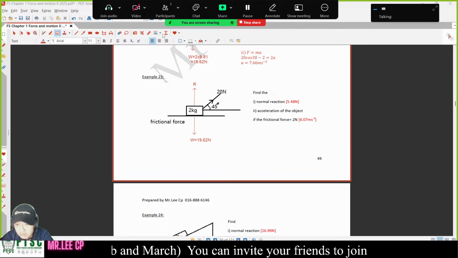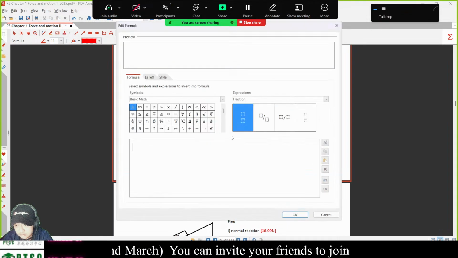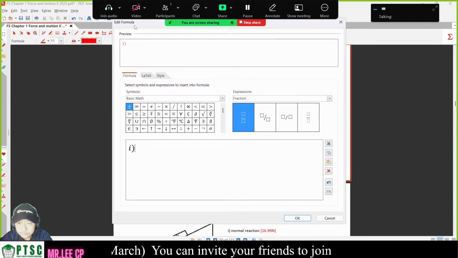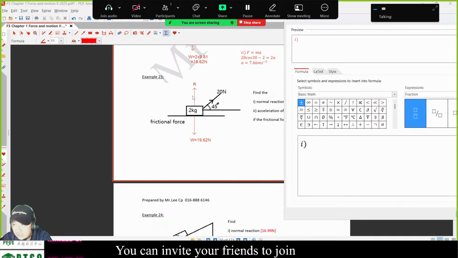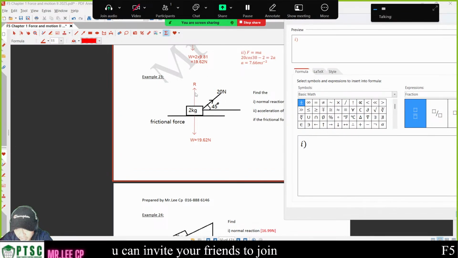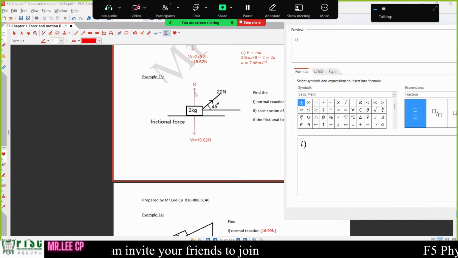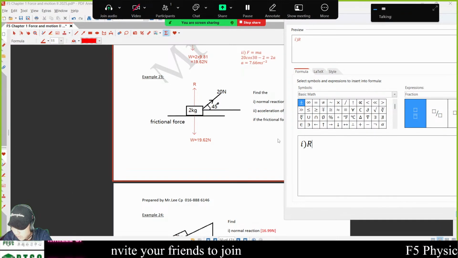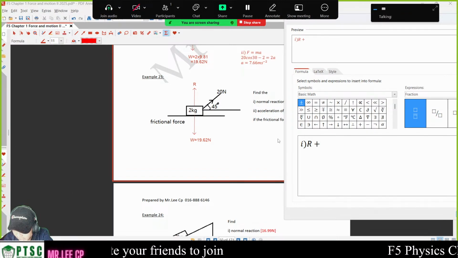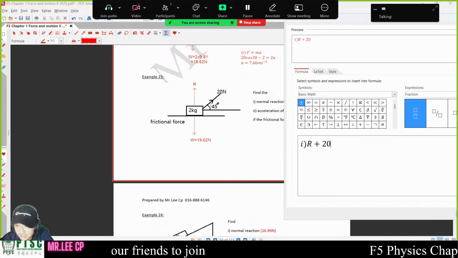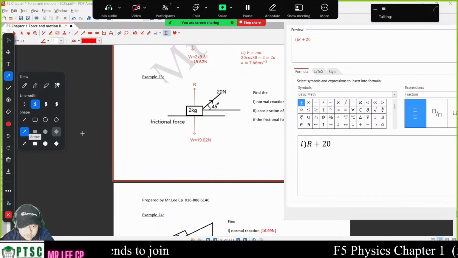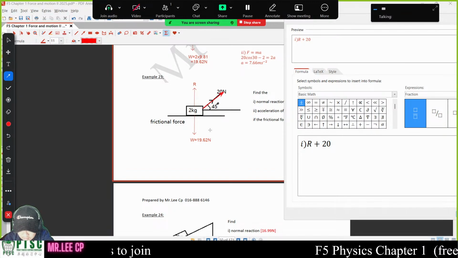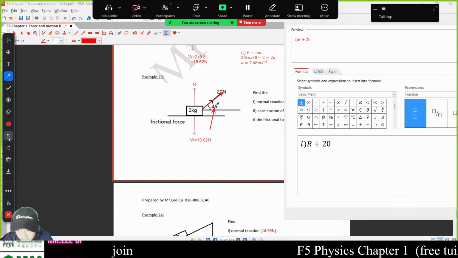So for the forces going up, I'm going to write the first equation. The forces going upward are this one, R, and the 20 contributes to here. So R plus 20, touching or not touching 45? 45 is here.